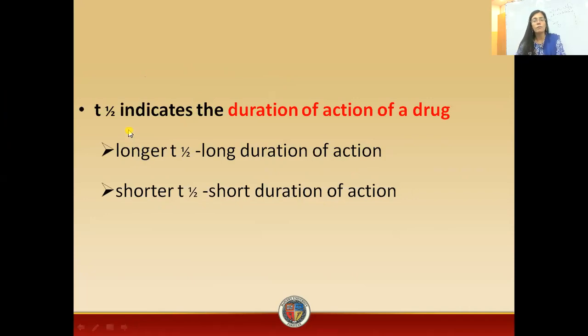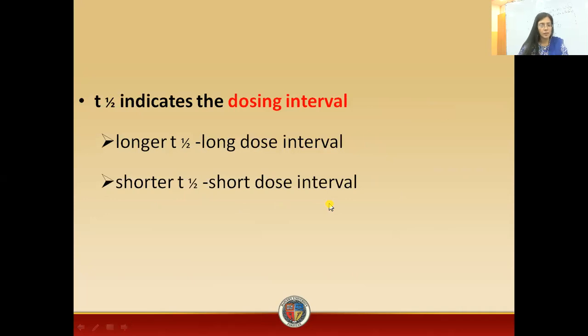Now, half-life also indicates to us the duration of action of the drug. If your drug has a longer half-life, it means it has a longer duration of action. If your drug has a shorter half-life, it means it has a shorter duration of action. Again, half-life can indicate the dosing interval. If your drug has a longer half-life, it will remain in your body for a longer period of time, so it will require a long dose interval, a long time between the doses.